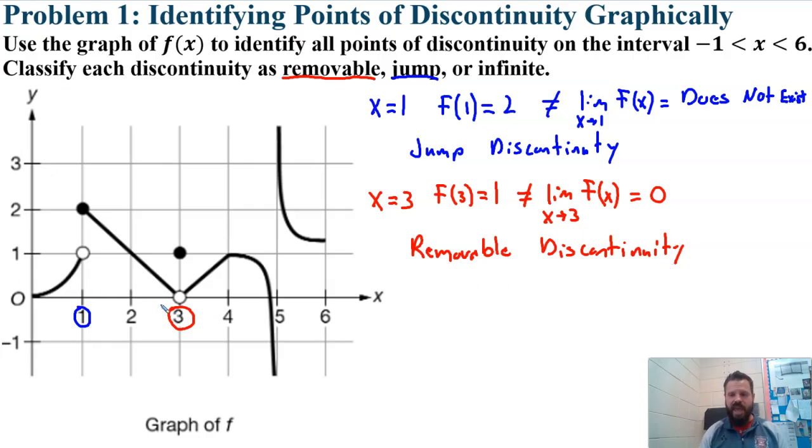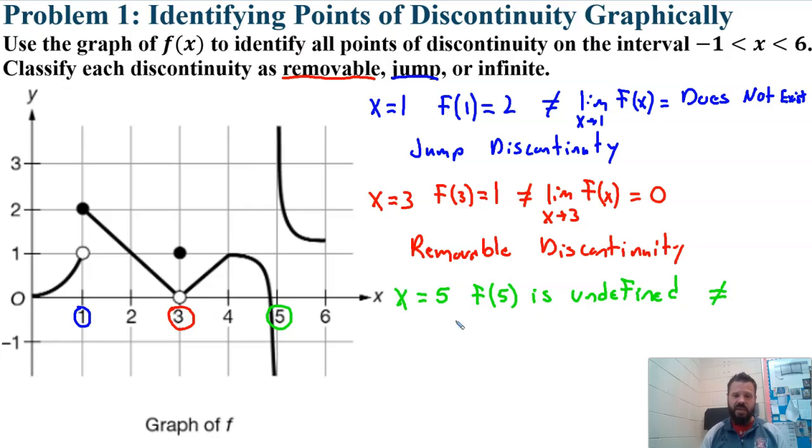All right. And then the last point of discontinuity, the last point I have to pick my pencil up, is at x equals 5. Because when I look at the value of the function, f of 5, we'd say is undefined. It looks like I have an asymptote at 5. This function doesn't tell me what to do with 5.